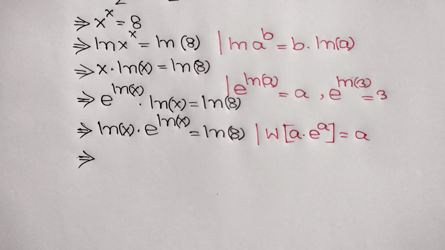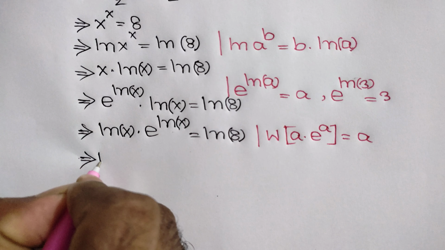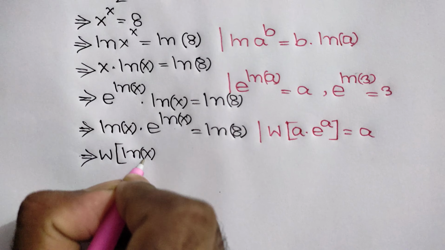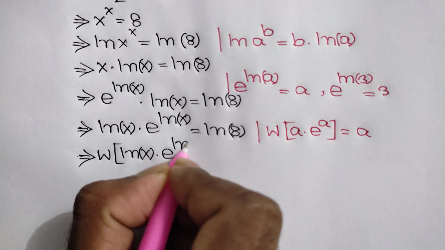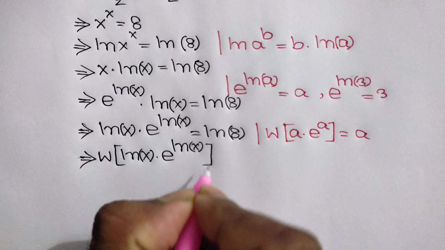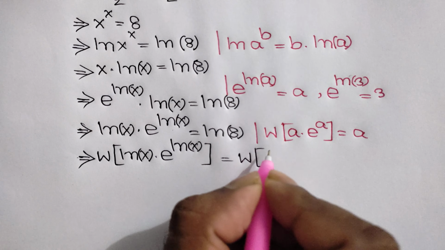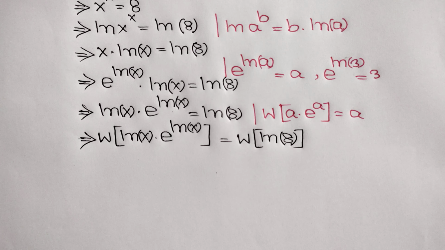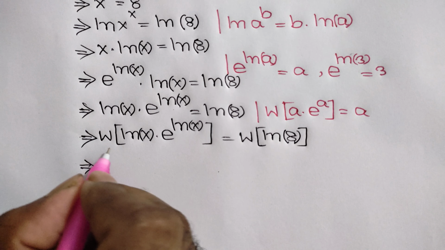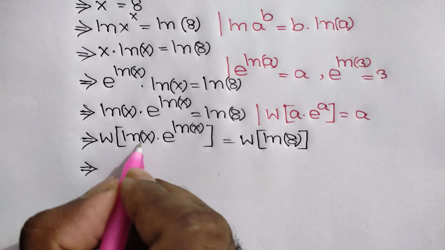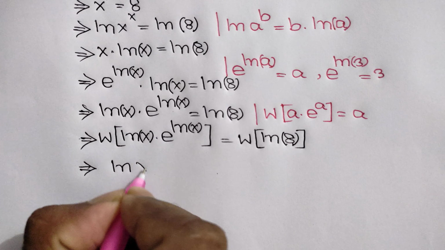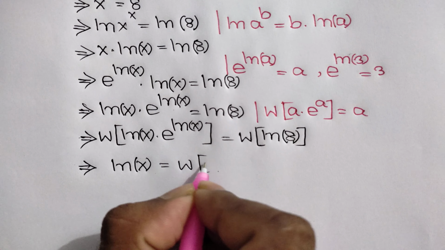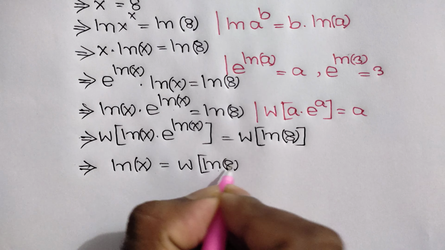So taking the Lambert W function on both sides, we can write here W of ln of x times e to the power ln of x is equal to W of ln of 8. So apply this formula. Here we will get ln of x. So we can write here ln of x is equal to W of ln of 8.